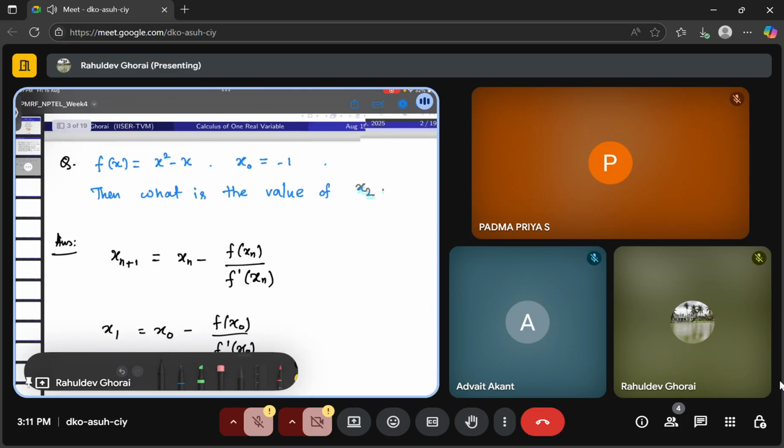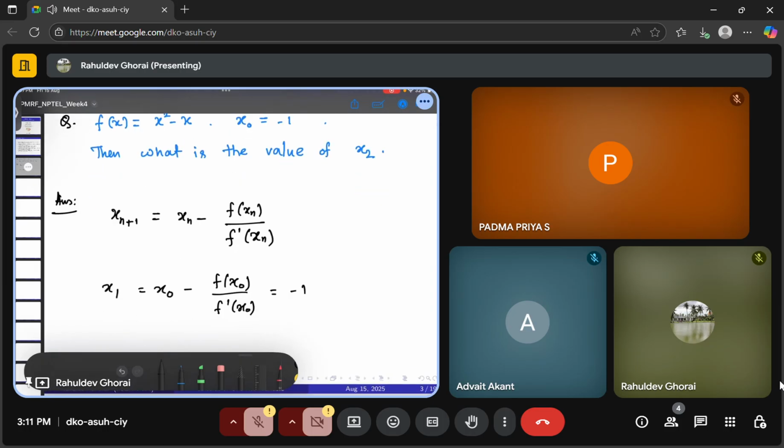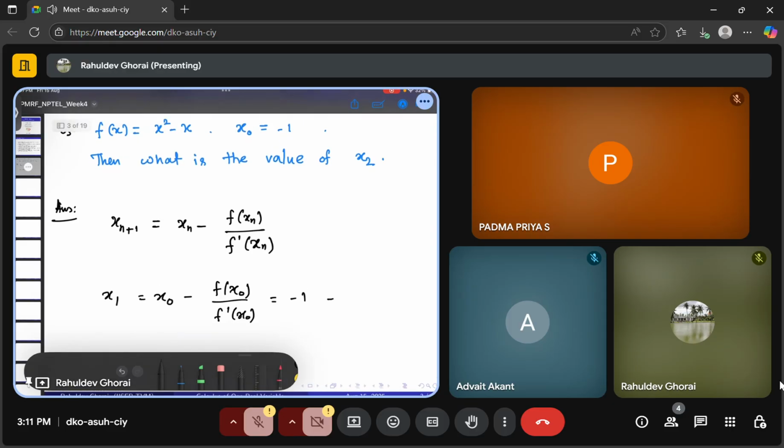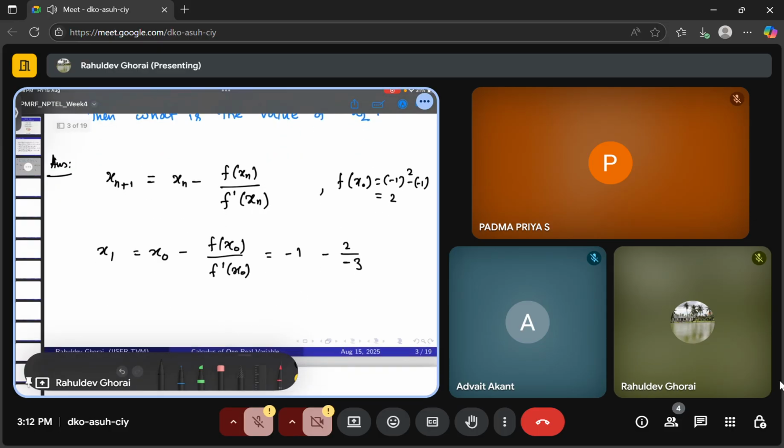And x0 given to you is -1. f of x0 will be (-1) whole square minus (-1), that is 2, right? So it will be 2 over f prime. f prime is 2x minus 1, so minus 3. So that is 2 over 3. 2 over 3 minus 1 equals minus 1 over 3.